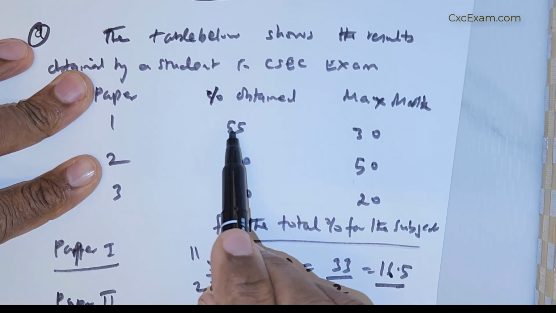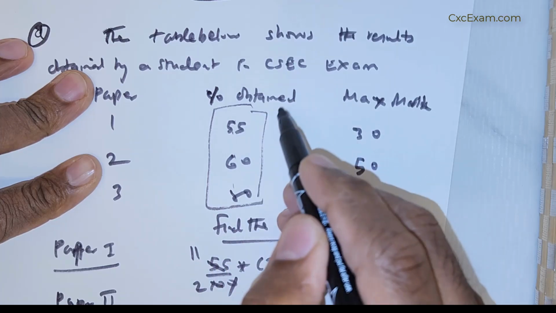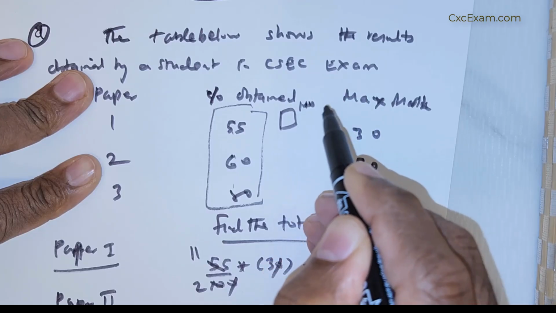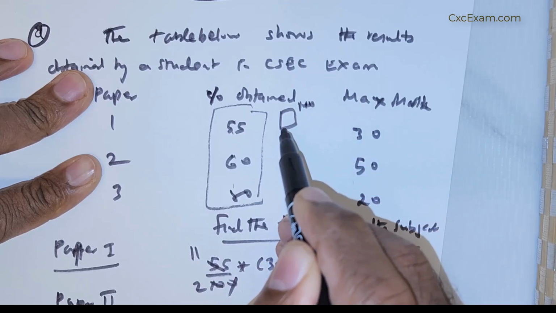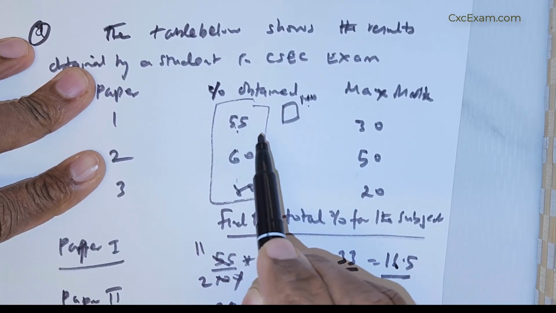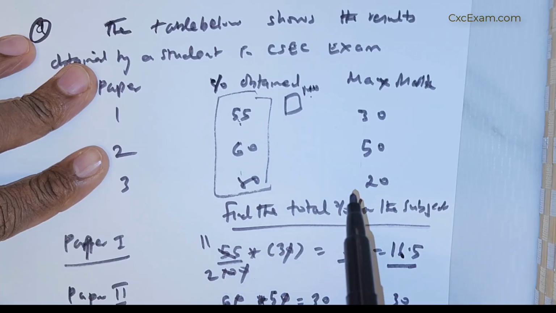Now the scores that you see here, these are all for percentage. That means the paper given can be for 100, right? So for 100% or total marks being 100, this is the score that the student gets: 55, 60 and 80.